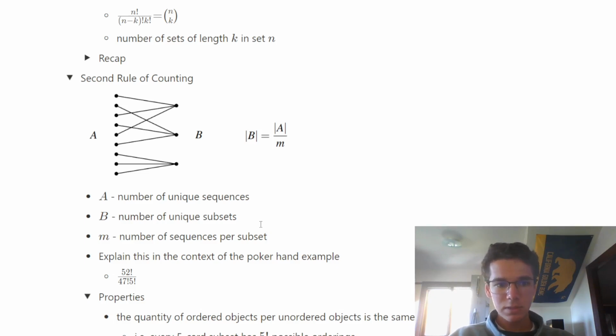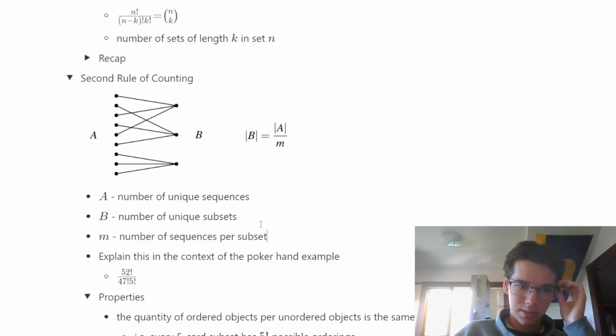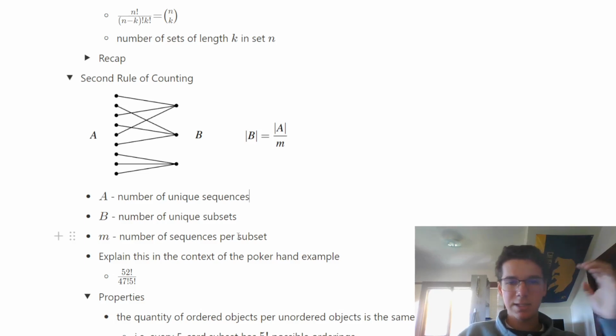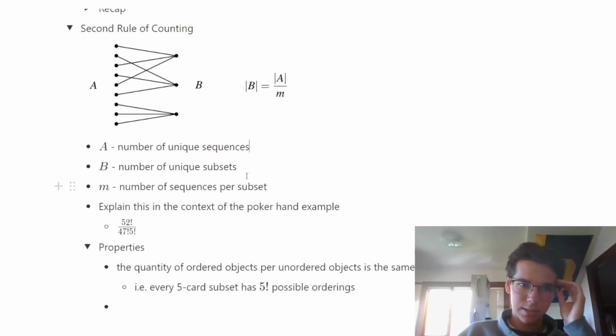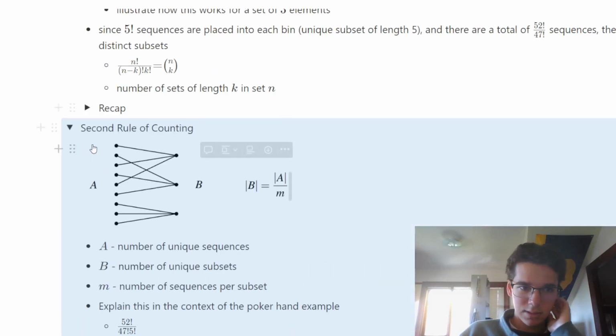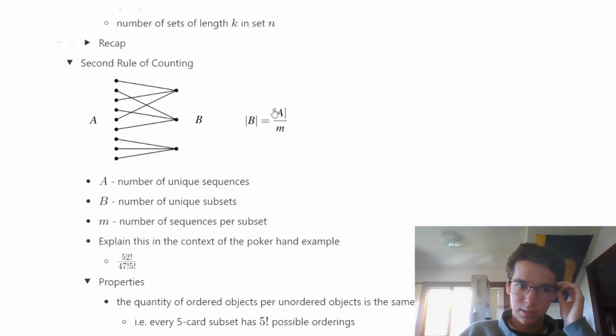Both those subsets, 1, 2, 3 and 2, 3, 4, have 3 factorial possible permutations. So that's what it means when I say the number of sequences per subset is going to be the same for all subsets. And this is something that the second rule of counting relies on.